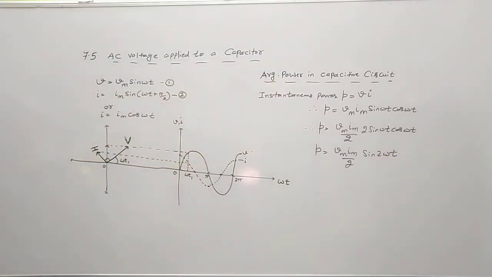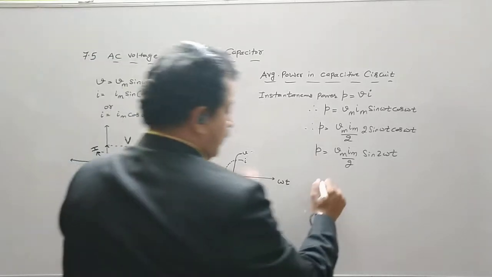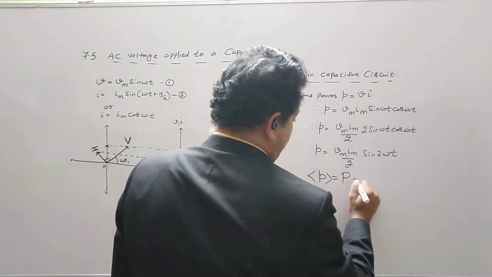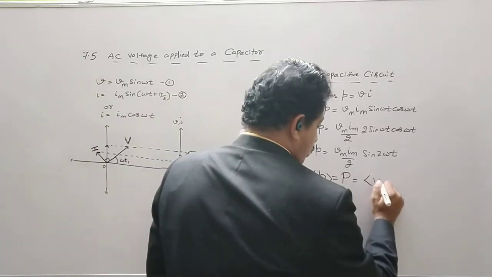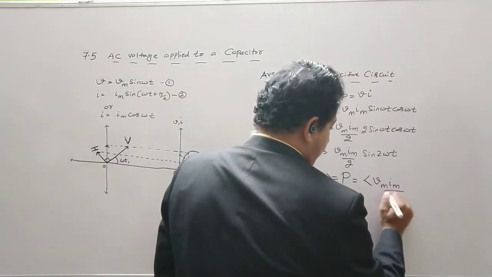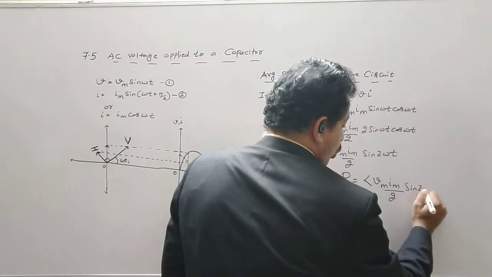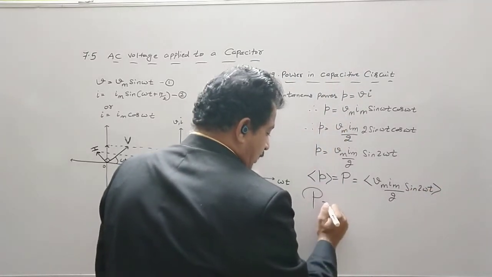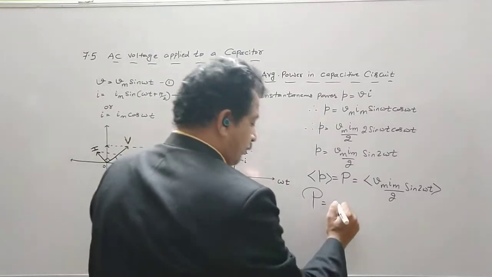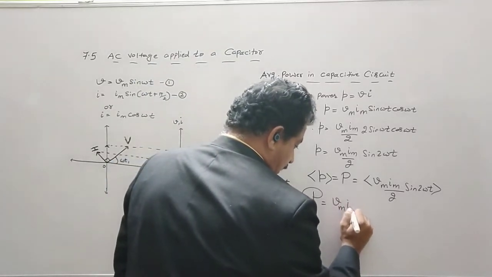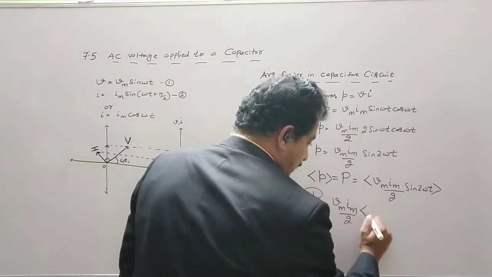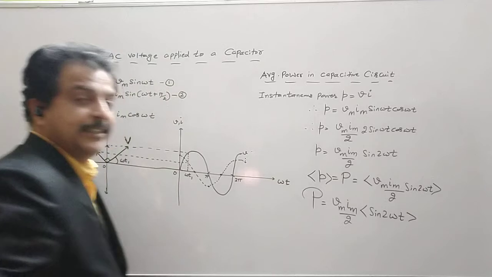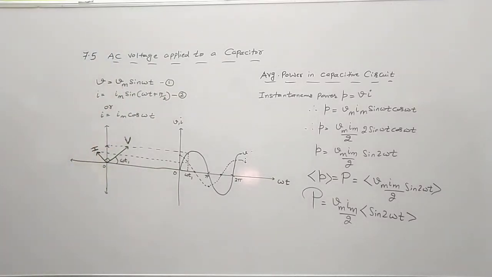Now we have to find out the average power. The average power, also denoted by capital P, will be equal to the average of Vm Im divided by 2 sine of 2 omega t. Vm and Im are the peak values and their values remain fixed. So we have to take the average of sine 2 omega t for one complete cycle.